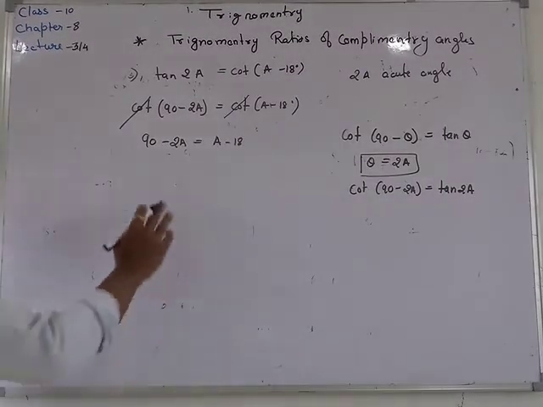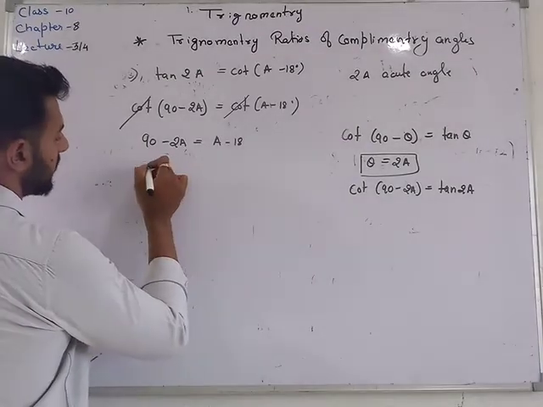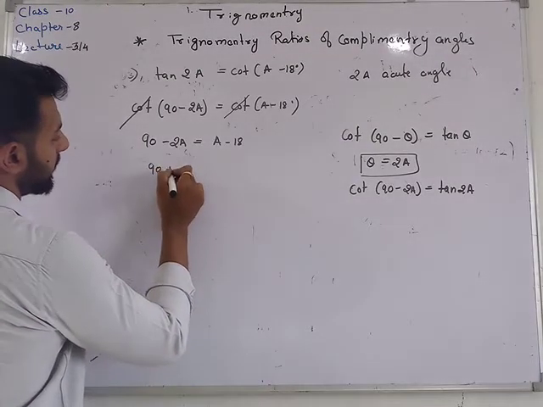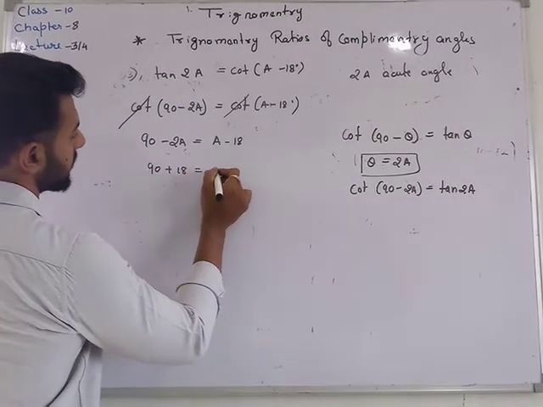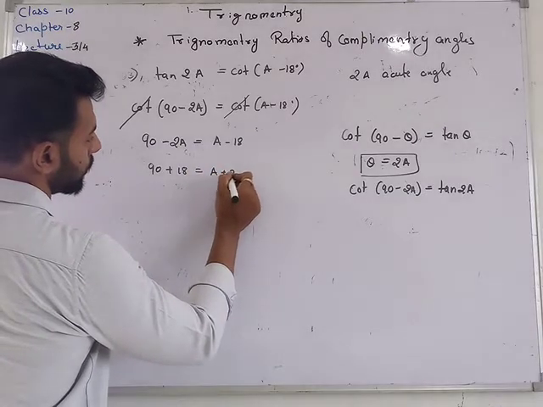Taking 2a to the right hand side and 18 to the left hand side, 90 plus 18 is equal to a plus 2a.